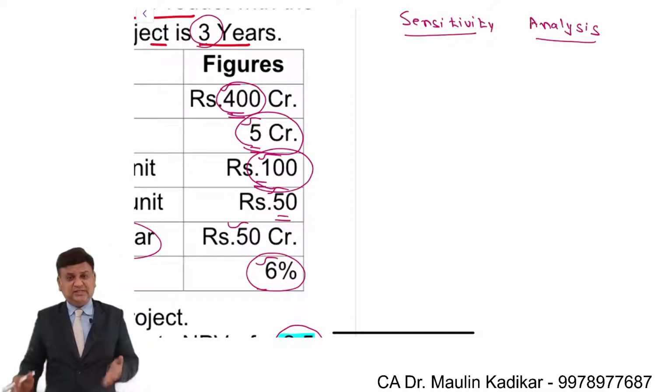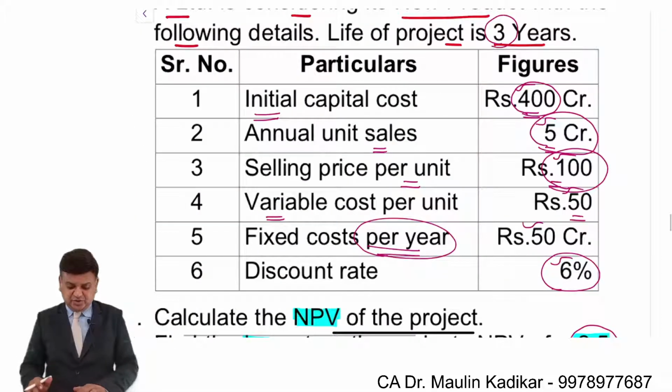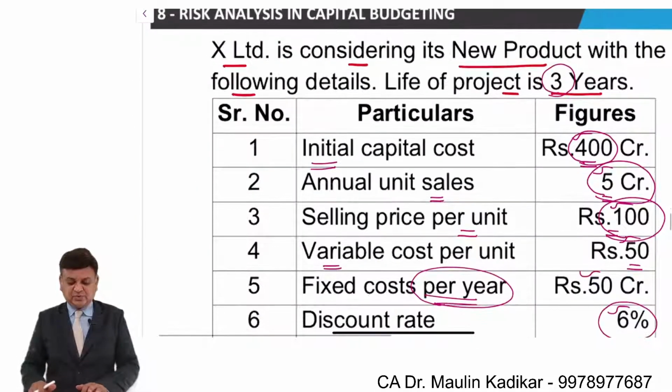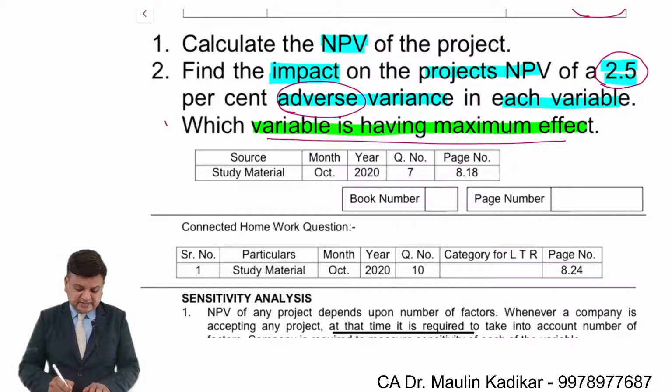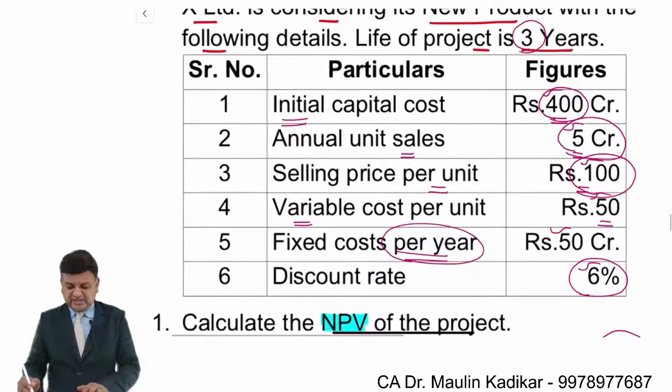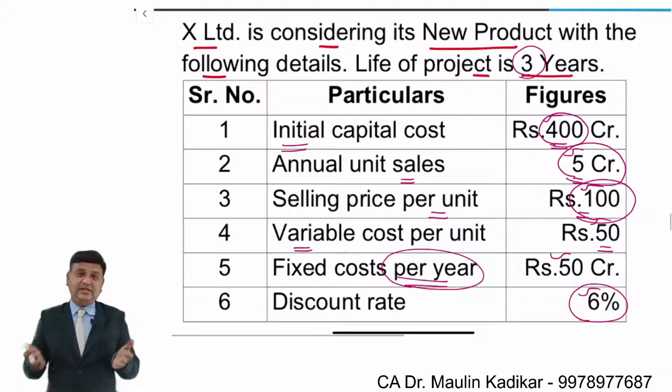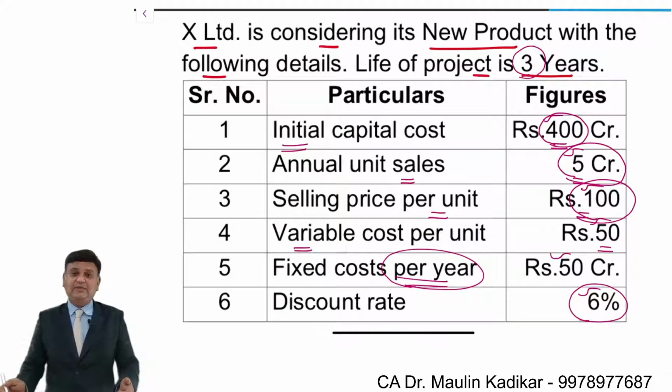That is the way, taking into account the individual change, we are required to make the calculation of the NPV. That is what we understand. Which variable is having maximum effect, that we will discuss once we make this calculation.